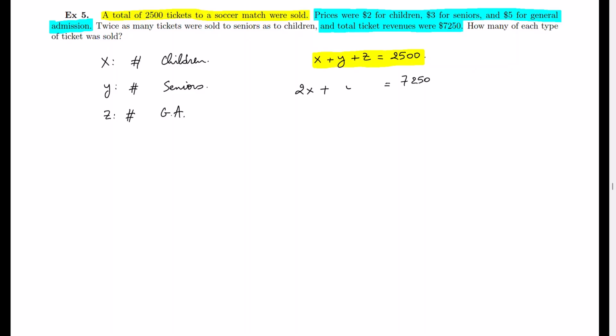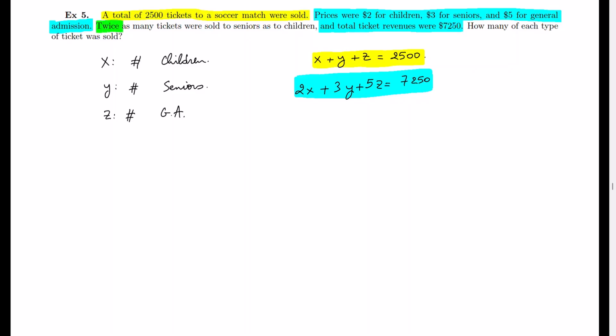Then I sold Y tickets to seniors, and each one of those people had to pay $3. And finally, I sold Z tickets to the general admission people, and each one of those had to pay $5. So that is the translation of the revenue or the income that we made from selling all the tickets to the different groups of people.